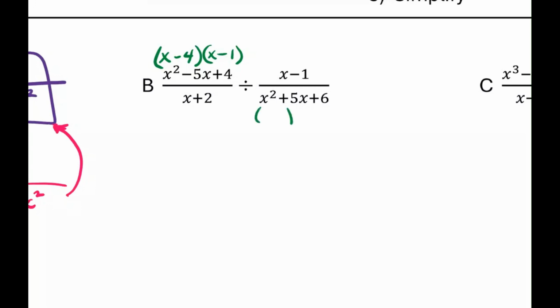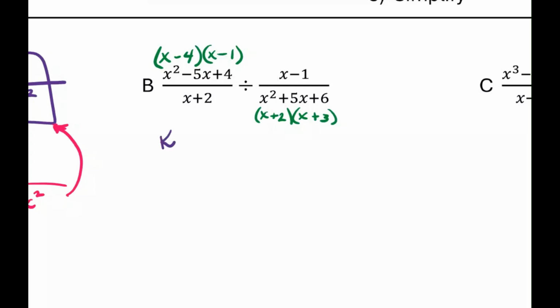And then on this one, same thing, we got a factor. X times x is x squared. Factors of 6, 2 times 3. Everything's positive. That would give you 5 in the middle. Okay. I do look to see in each individual fraction if I can cancel anything out, but no.